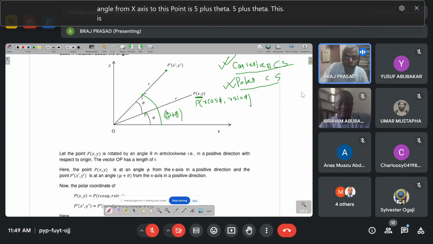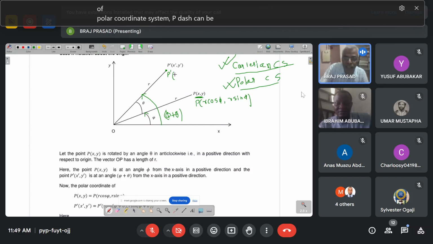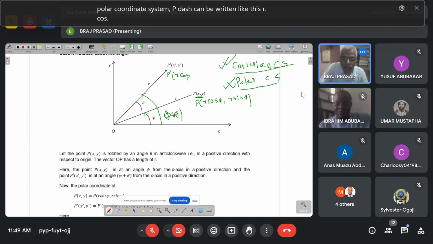This is the actual angle of P dash from the x-axis. So in terms of the polar coordinate system, P dash can be written like this: x dash is r cos (phi plus theta).